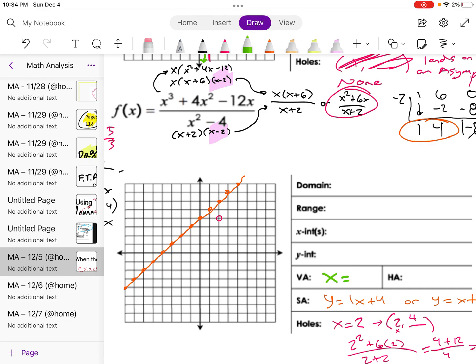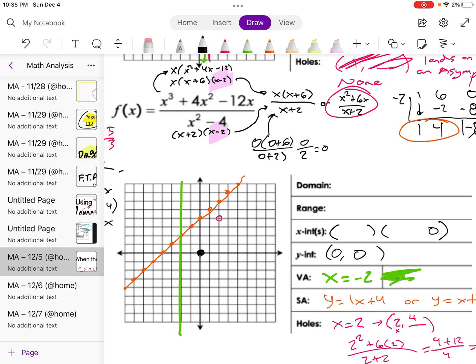Let's talk about our vertical asymptotes. I'm going to use, well, either of them work, so I'll do the bottom. X can't be negative 2. We're not going to have any horizontal asymptotes. Y-intercept. What happens when you put a 0 in for x? If I put a 0 in for x here, I get 0 times 0 plus 6 over 0 plus 2.